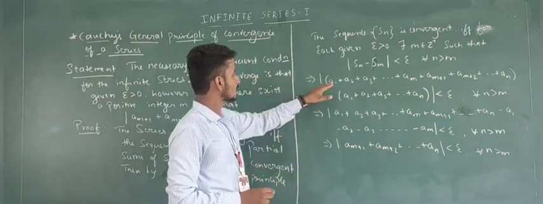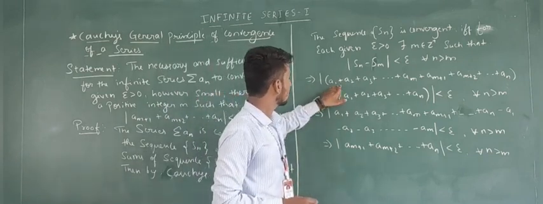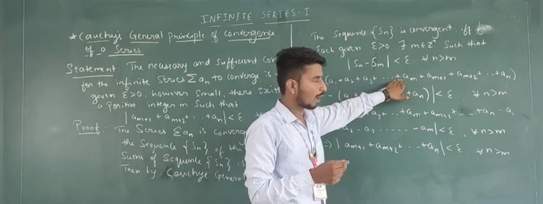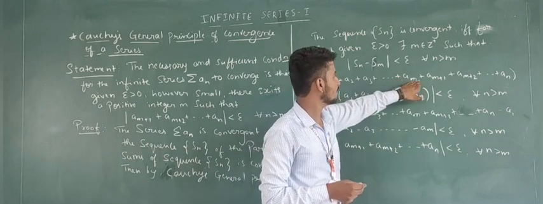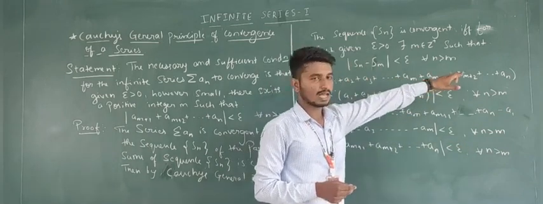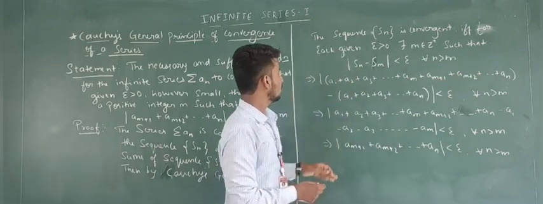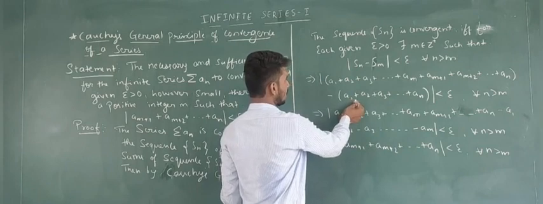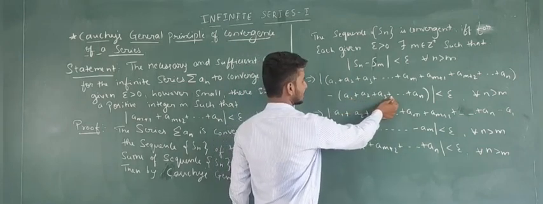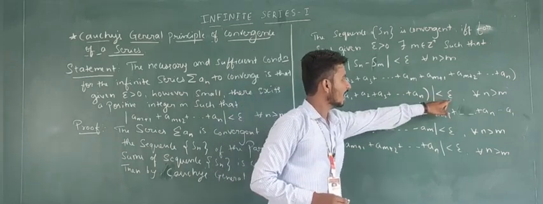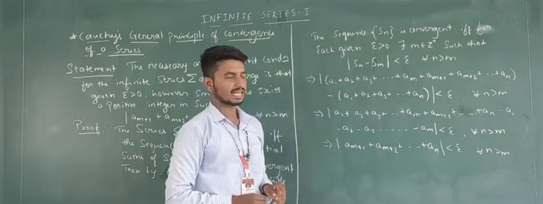We consider Sn as a1 plus a2 plus a3 plus so on. In the middle we have the terms am+1 plus am+2 and so on up to an, and minus of that is Sm, that is a1 plus a2 plus a3 plus so on plus am, and the modulus is less than epsilon for all n greater than m.